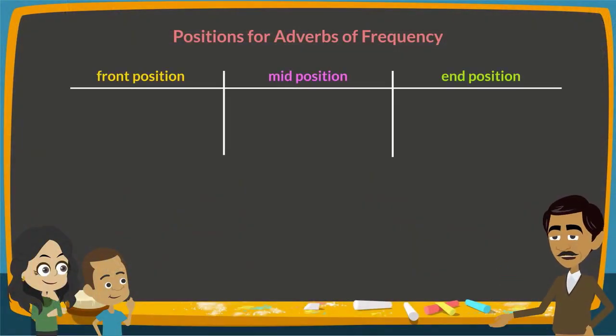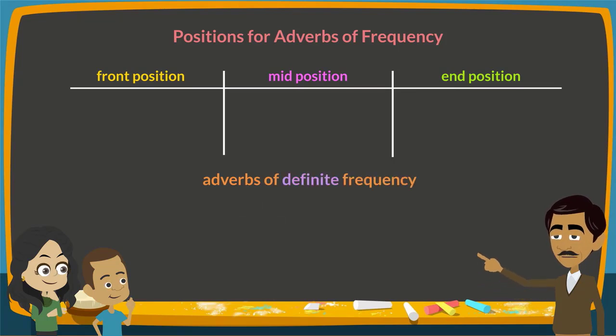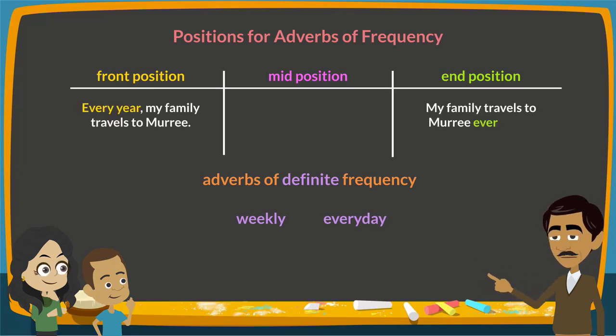That's another type of adverb that appears in all three positions. But there are two types of adverbs of frequency: definite and indefinite. Definite adverbs are those that specify the frequency, like weekly or every day. These are placed in front or end positions. With adverbs of definite frequency, you can't use single-word adverbs in the front position.